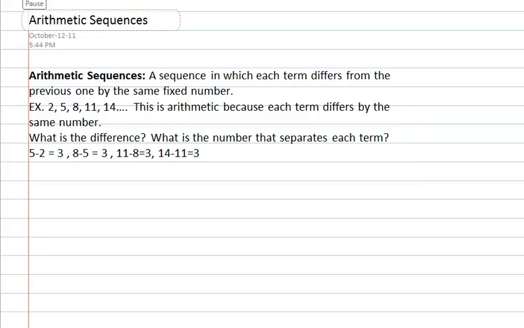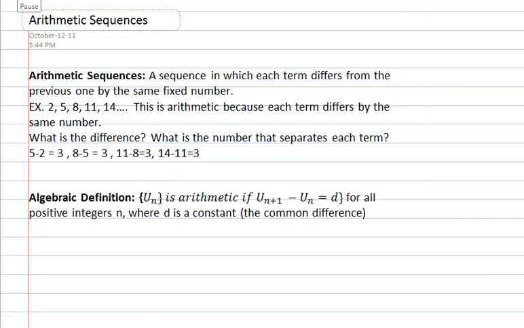That of course is the definition by words, but what would be the definition if we're looking at it algebraically? So in an algebraic definition, you would actually get something that looks like this. So here you see that the sequence would be an arithmetic sequence if the terms were differing by the same amount.